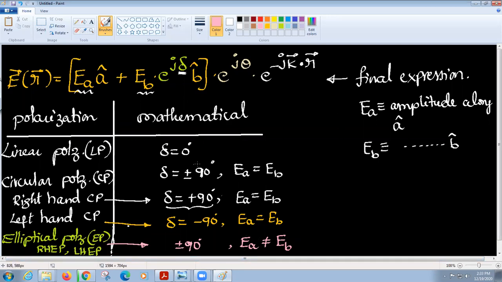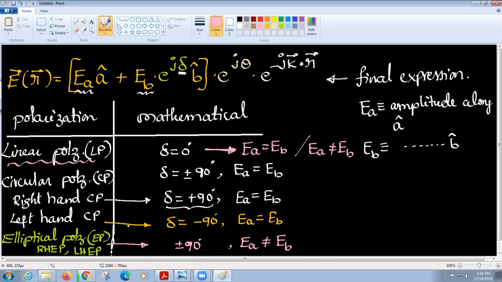Coming to linear polarization, what about the amplitude constraint? Are you restricting anything in terms of amplitude? No. EA could be equal to EB or not equal to EB. Doesn't matter. For linear polarization, there is no dependence on the amplitudes.